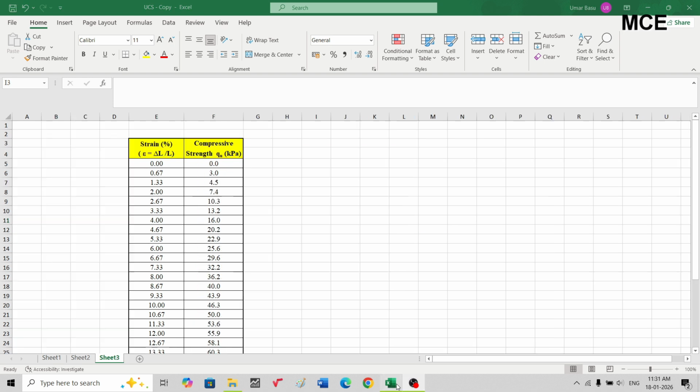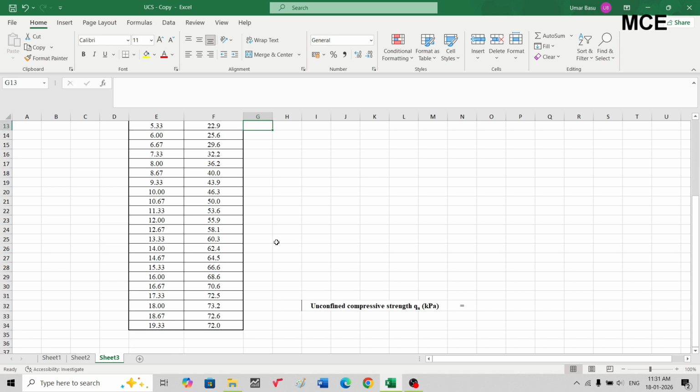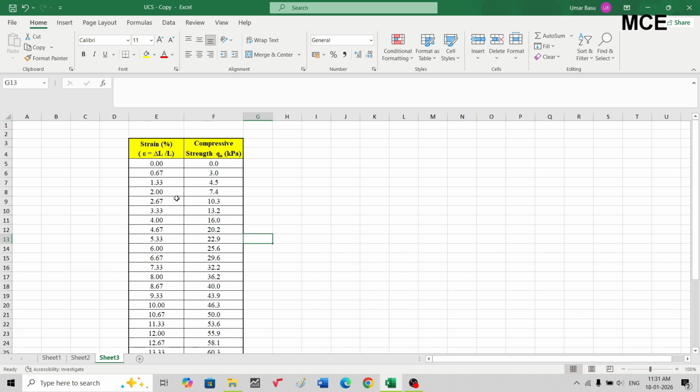We will now draw a graph between the axial strain and the compressive strength of the soil. In the next sheet you will draw a table having two columns. The first one is the actual strain in percentage, and the next column will be compressive strength in kilopascal.